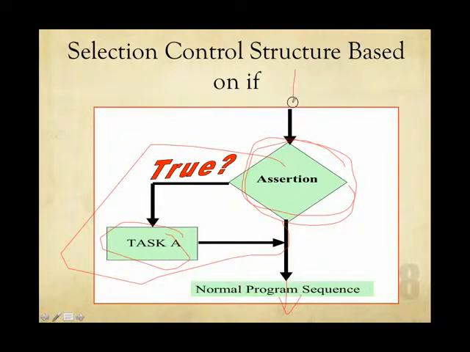So basically we do statements sequentially up to here. Here the assertion is being made. If the assertion is true, then we do this task as well and move sequentially down to other program statements. But if this is false, then we skip all this as if it didn't even exist, and we just do the normal sequence from then on. That's an example of the if structure.